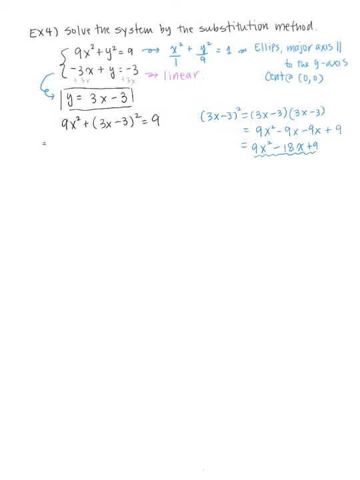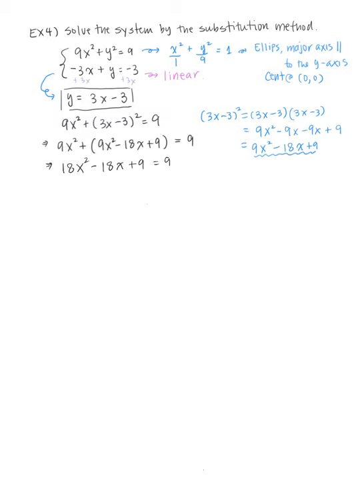So this is the same thing as 9x squared plus, now we have 9x squared minus 18x plus 9, equals 9. Now let's simplify a little bit. I can drop the parentheses, so you've got 18x squared minus 18x plus 9 equals 9.